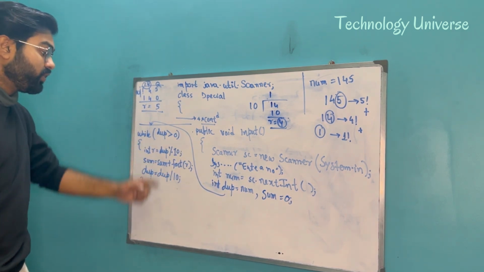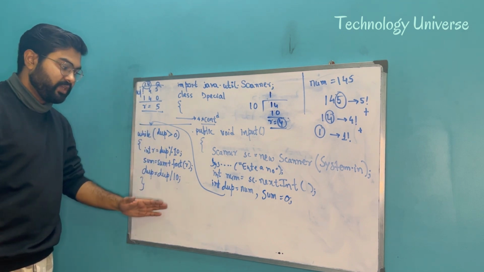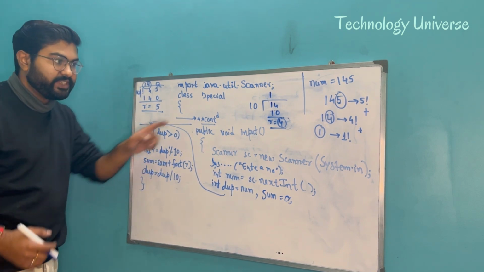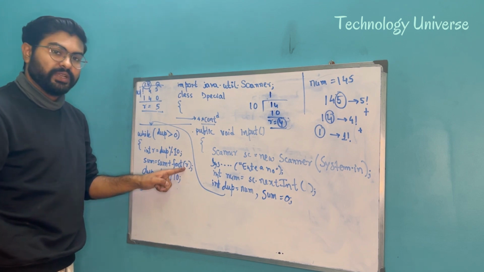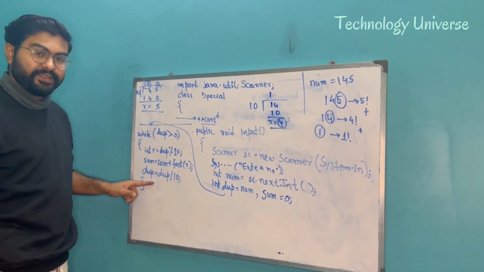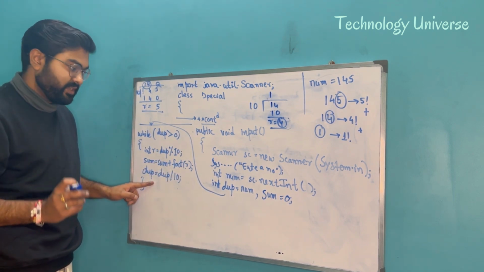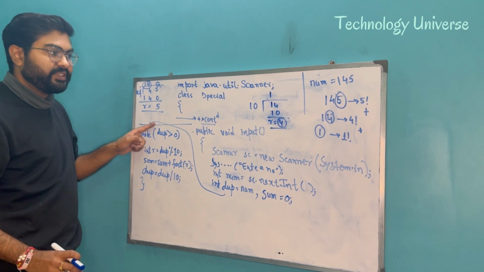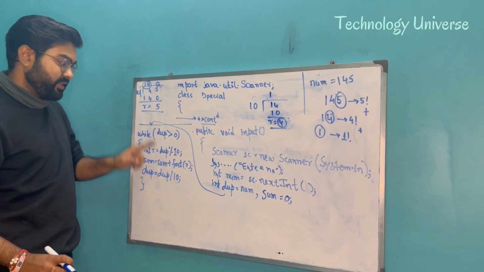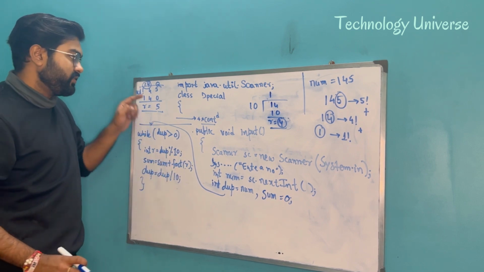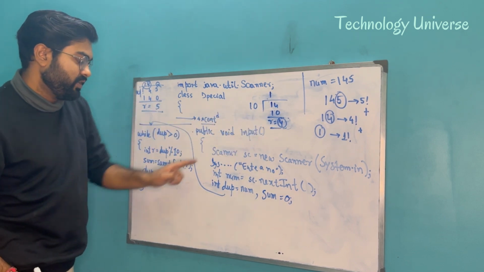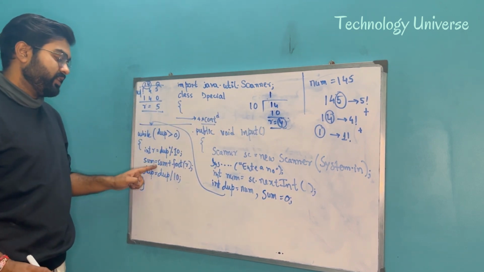Now this loop would repeatedly execute: extract the digit, find the factorial and sum it up. Again it would shorten the number and check whether it is greater than 0. 14 greater than 0, yes. Then again 14 modulo 10, we get 4 as the remainder and 4 factorial would be added up.